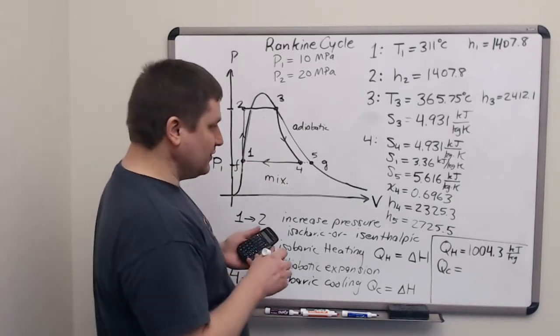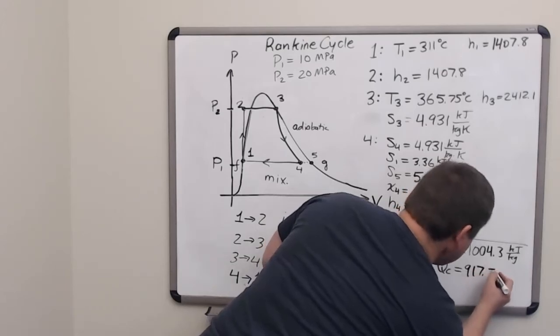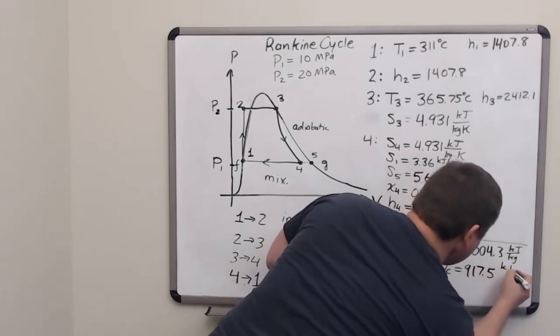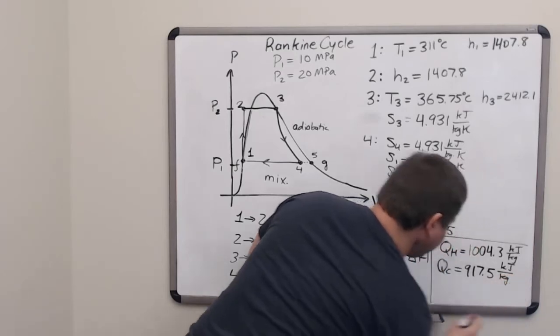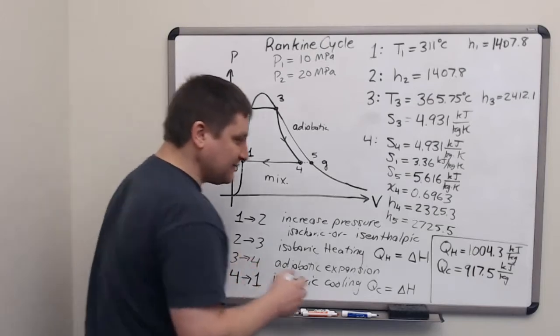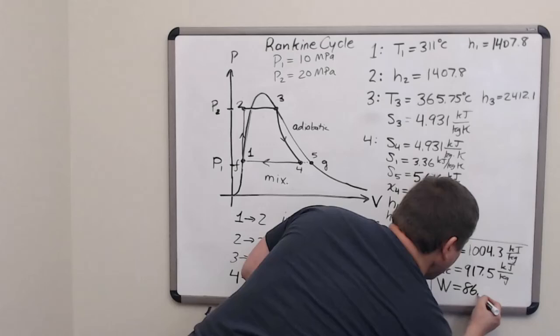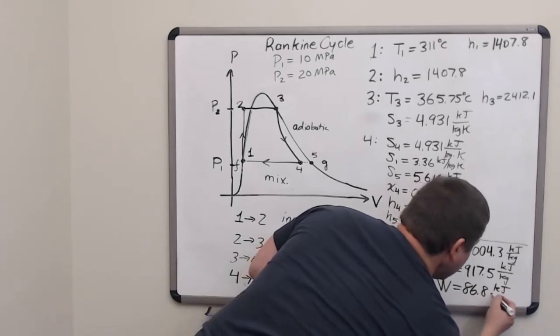That comes out to 917.5 kilojoules per kilogram. The work is the difference between these two values, 86.8 kilojoules per kilogram.